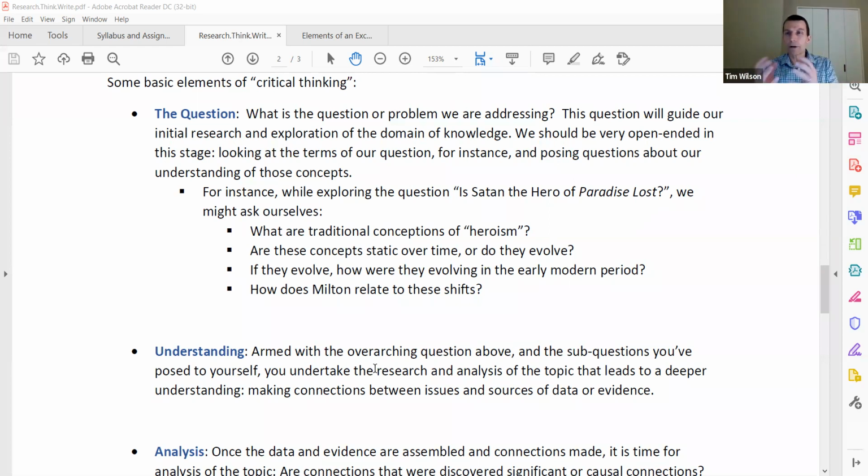So through that questioning, we've put into sharper relief what that initial question around Satan as hero could look like, because we've problematized it and torn it apart a bit. We've said, I guess I never did define what hero is. Do I mean it this way? Did I take this into account? And now you've got another set of pathways.